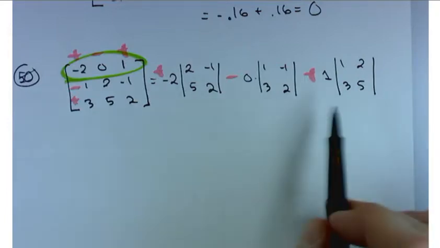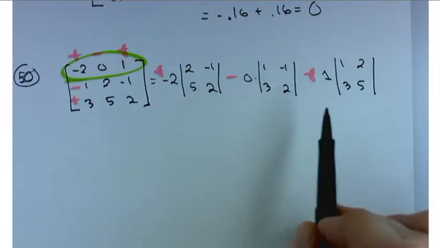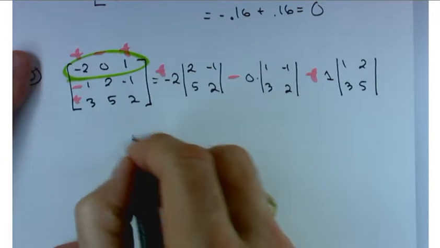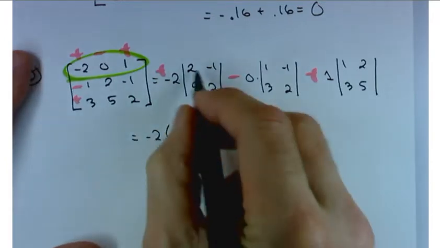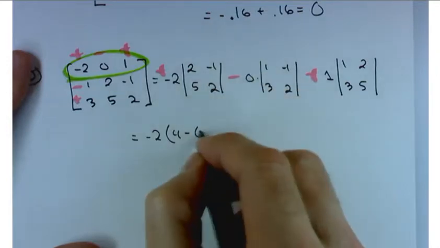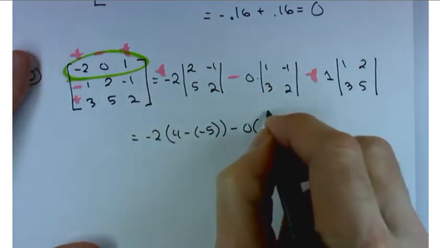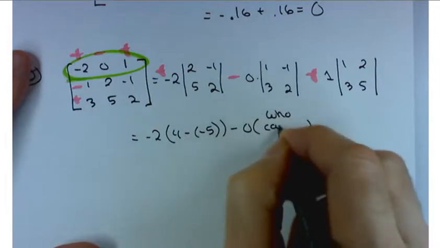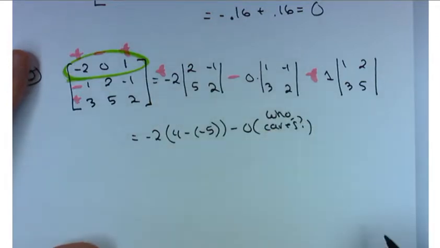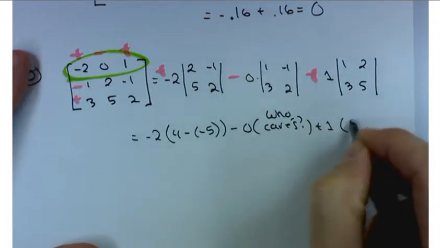Make sure you're comfortable with where we got all this stuff here. Okay, so it's going to be -2 times 4 minus -5, minus 0 times, who cares? Doesn't matter, right? Plus 1 times 5 minus 6.